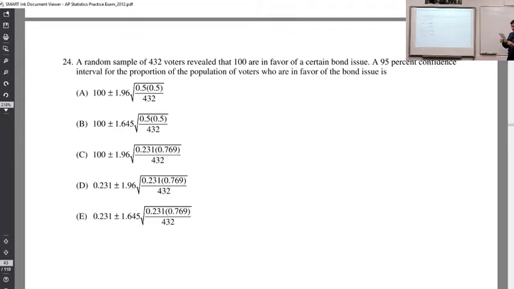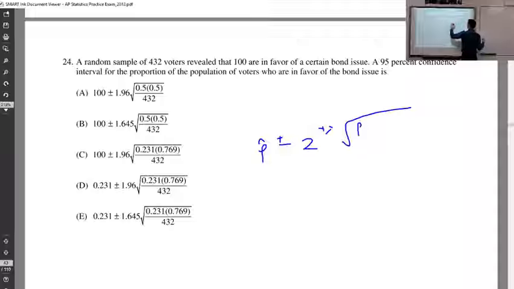24. Random sample revealed that 100 in favor. A 95% confidence interval would look like p hat plus or minus our z-score times the square root of p hat times 1 minus p hat over n.